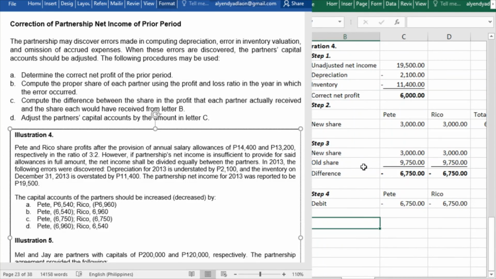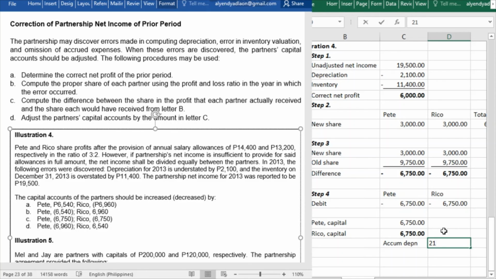So, to make a journal entry, that would be a debit to Pete capital of 6,750 and debit to Rico capital of still 6,750. Now, for the credit, since the depreciation was understated, we have to add accumulated depreciation of 2,100. And for the inventory, since it was overstated, we have to deduct the inventory.